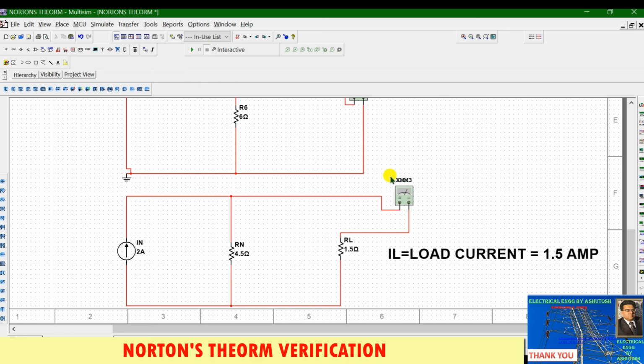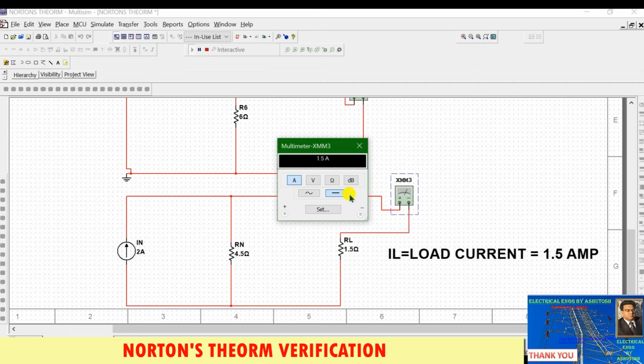We have to find the load current, so we have connected a multimeter working as an ammeter in series with this load resistance, and when you click on this run button, it will tell you the load current, 1.5 ampere. So basically it verifies Norton's theorem.